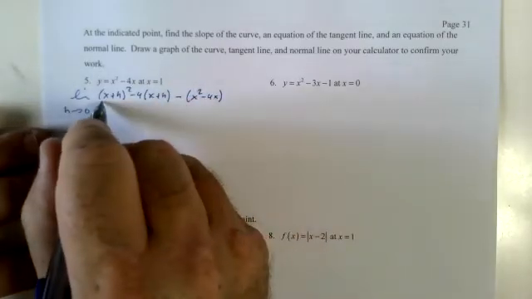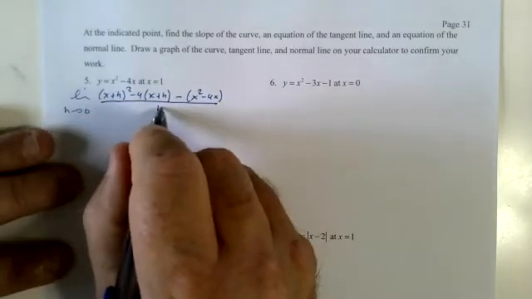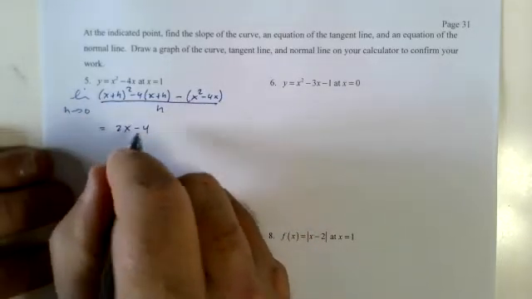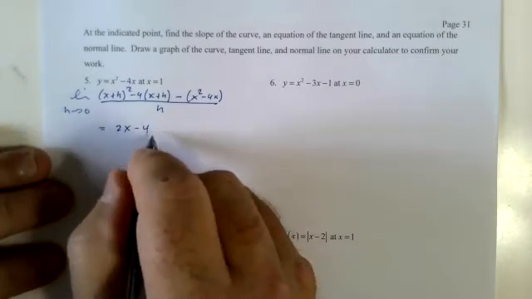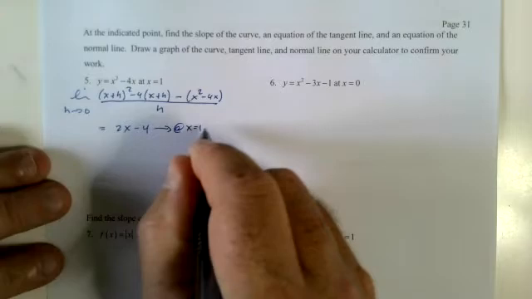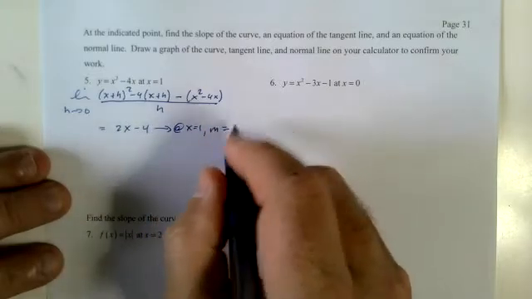I could write all this out and do all the distribution, but I've done that before. We'll get 2x minus 4. At x equals 1, m equals negative 2.